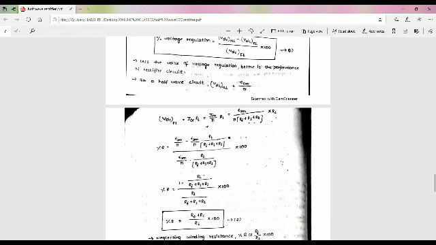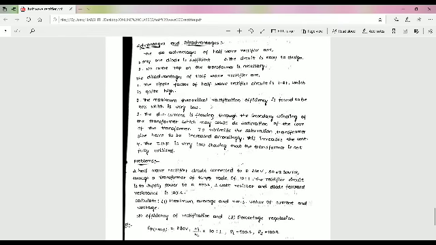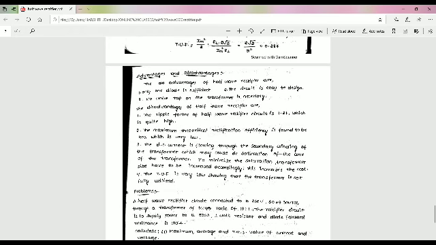Now, advantages and disadvantages of the half-wave rectifier. Advantages: in the half-wave rectifier, only one diode is sufficient.